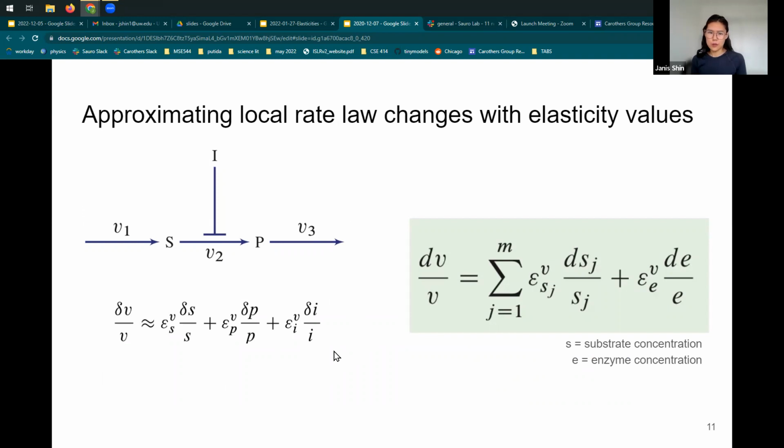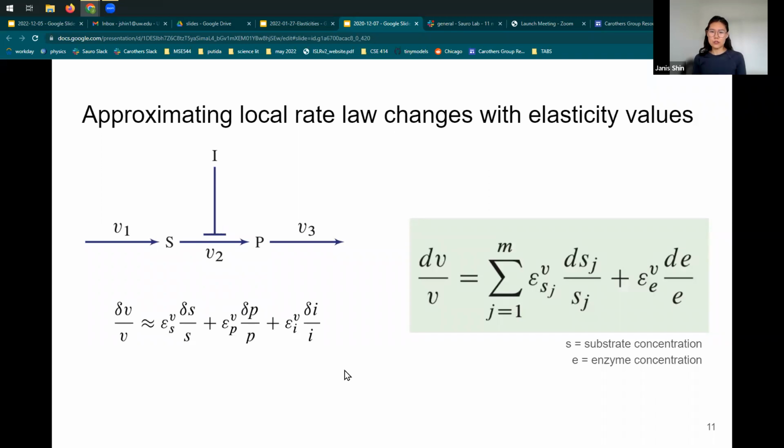Let's say that this system is part of a larger pathway, and that outside of this pathway, there's a disturbance, like a change in upstream enzyme expression. If this causes changes in effectors by small amounts, like del S and del P and del I, and a change in rate del V, and if we know the elasticities, we can approximate by how much the entire rate changes, provided that these del values are very small.